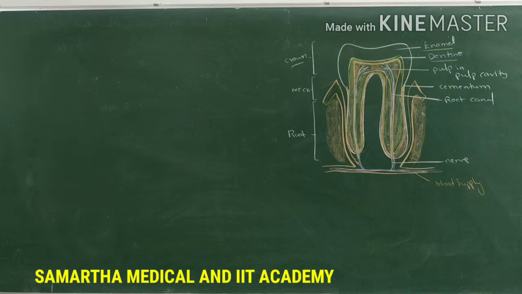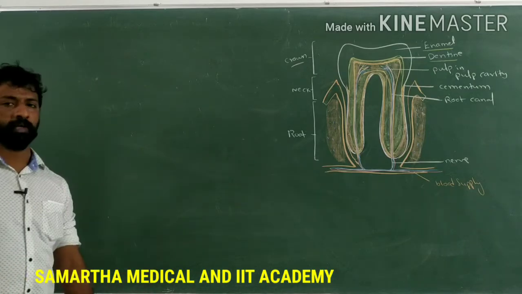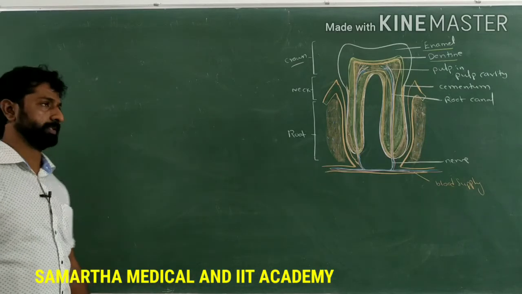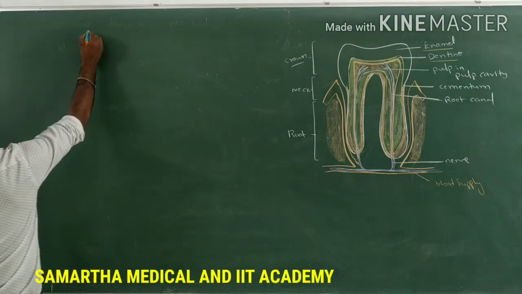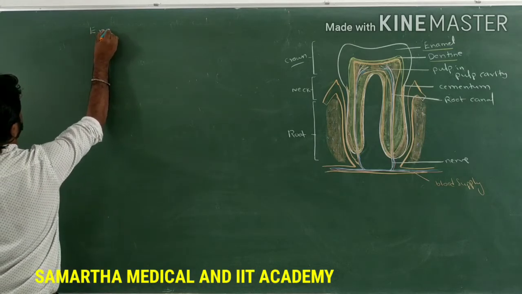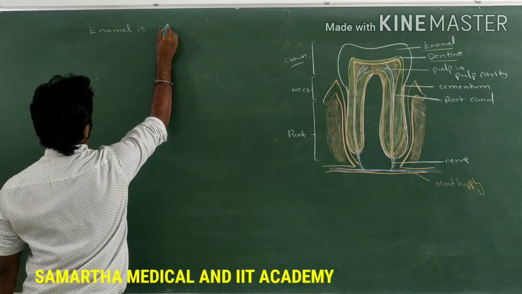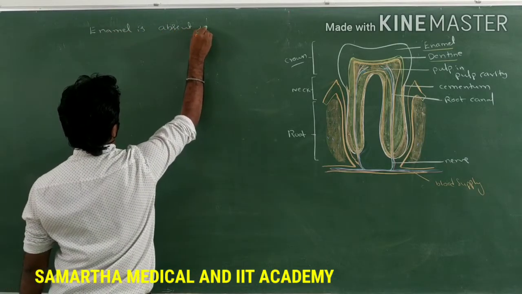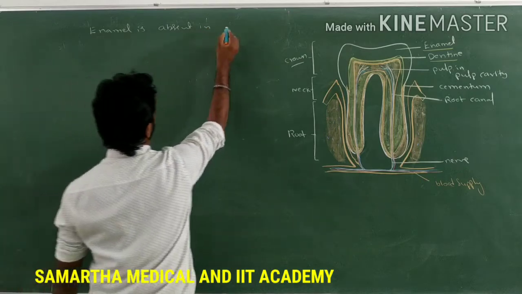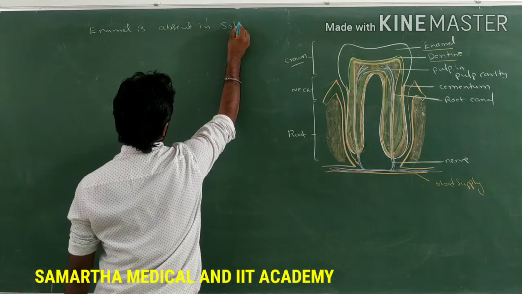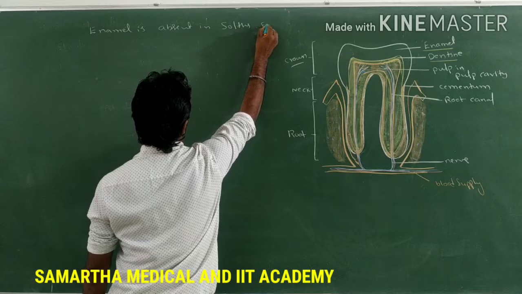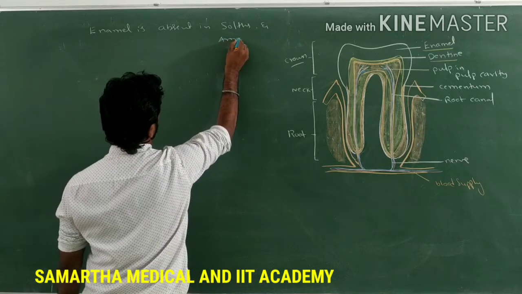So this enamel is the hardest substance in the animals, right? But that enamel is absent in organisms such as sloths and armadillos.